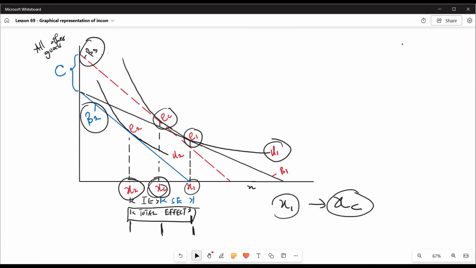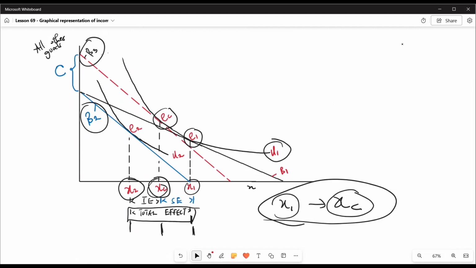So when the price of the good increases, substitution effect says buy less of the good, which moved us from X1 to XC. Because the substitution effect is generated by changing the price and simultaneously compensating the individual with income, it is often referred to as the compensated response to a price change. The change in quantity that we actually observe, that is from X1 to X2, is called the uncompensated response.